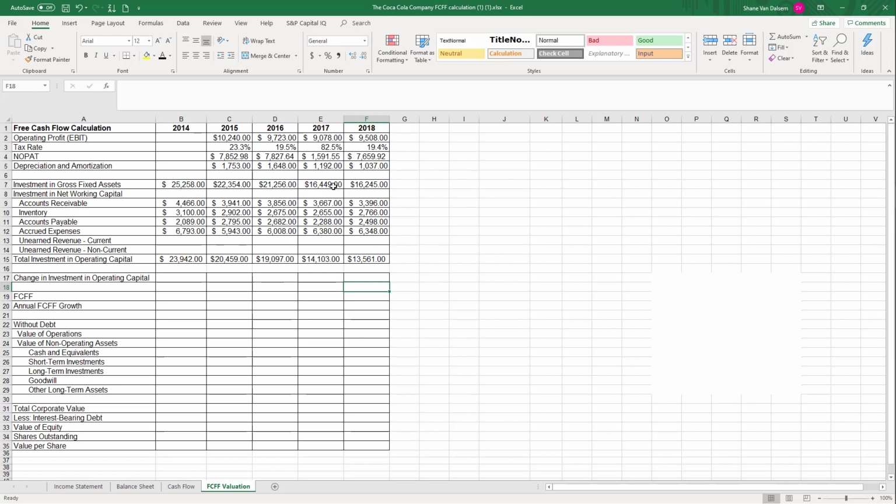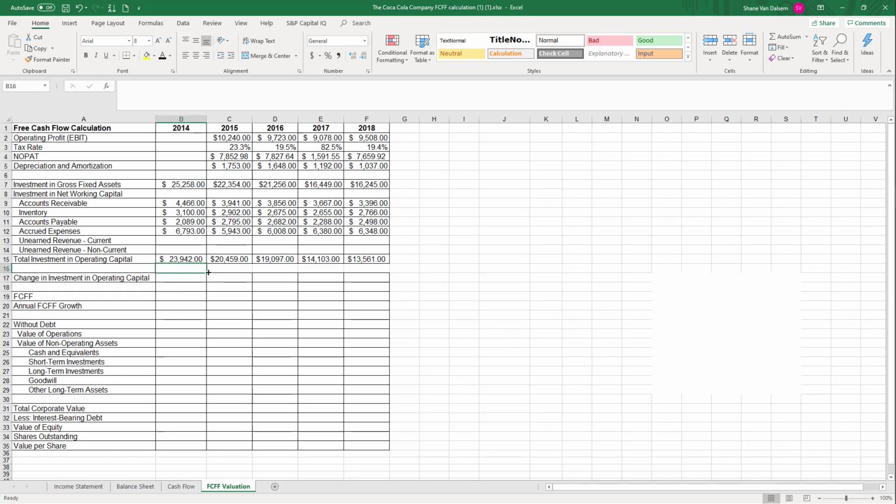We see their investment in gross fixed assets fall by about $5 billion, or about 20% or so of the amount they have invested. So they really did disinvest and reduce the value of what they have invested during that time period.